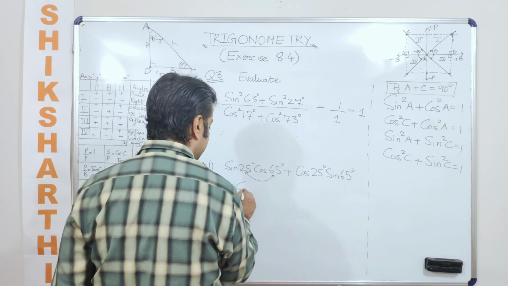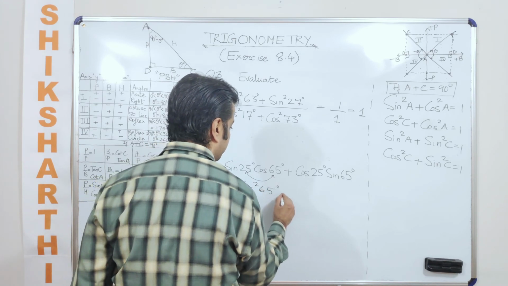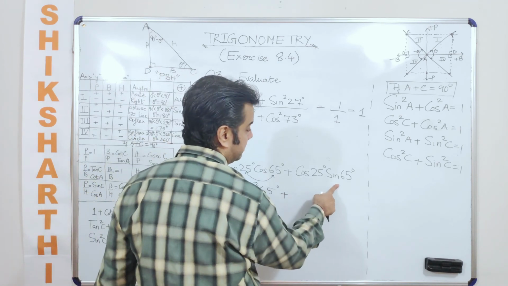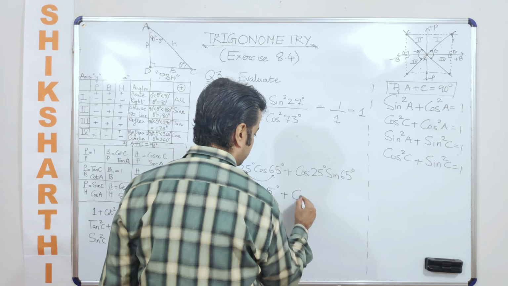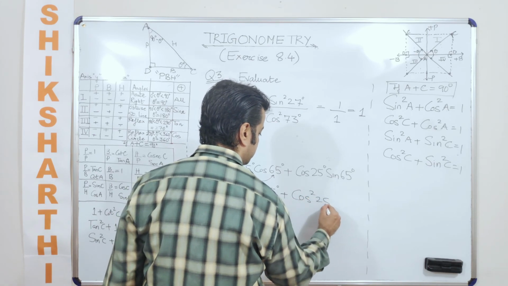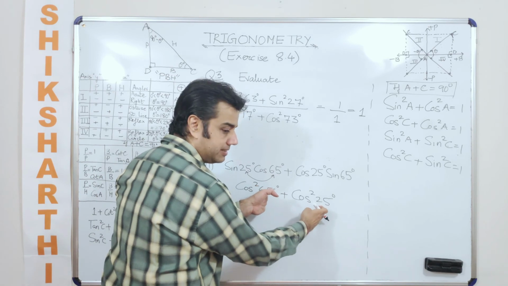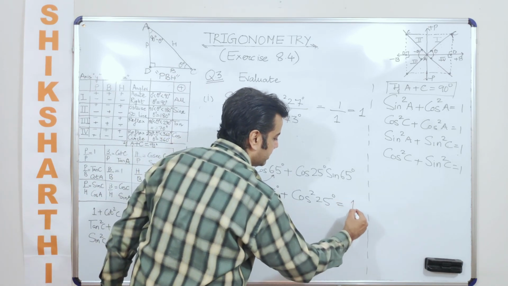So this can be written as cos square 65 degrees. And at the same time, I know that sine 65 is cos 25. And we did a similar kind of question. So now we know that this plus this is equal to 90 degrees, keeping cos constant. So this can be written as 1.